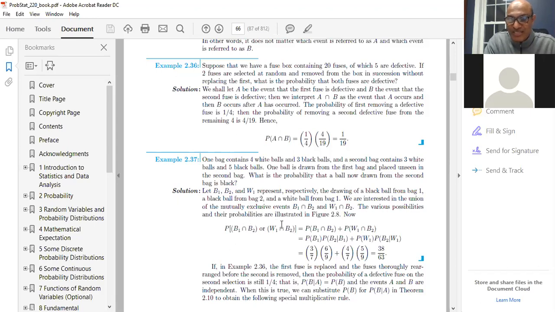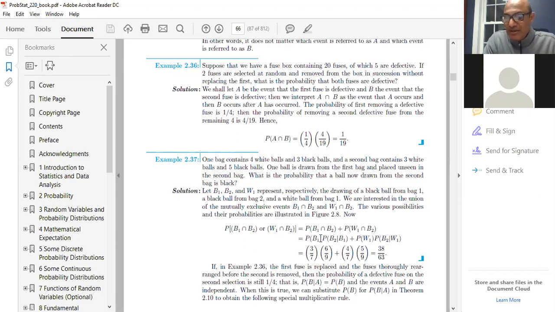Suppose this is A, this is B. So there is no intersection part. But B1 intersection B2, that is the product rule now. So probability of B1 times probability of B2 given B1, plus probability of W1 times probability of B2 given W1, right?